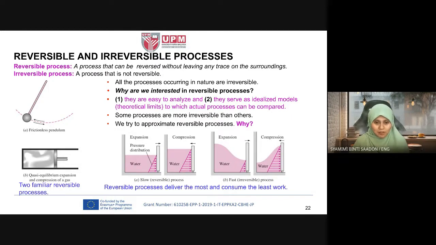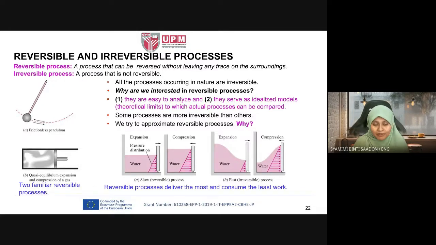We try to approximate a reversible process, even though we know it is impossible, as best we can, because we want to reduce the loss. If it's irreversible, it must have some sort of loss of energy.